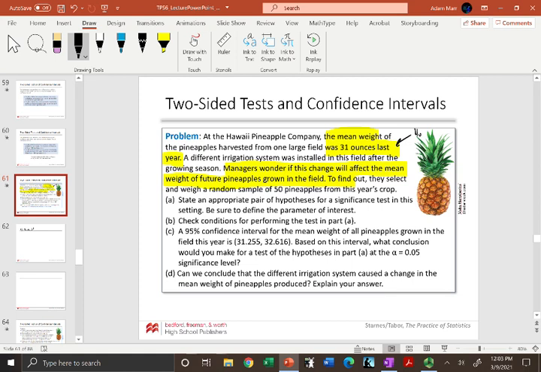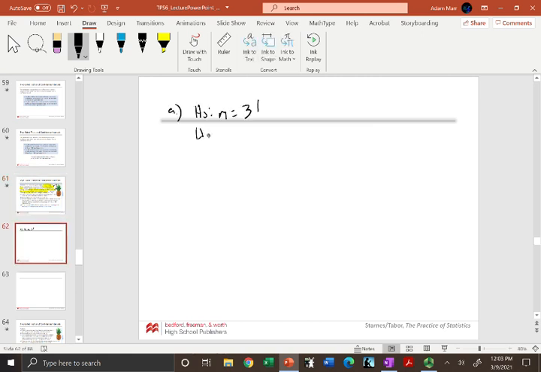Now the alternative is what we're trying to see. Managers wonder if the change will affect the mean weight of future pineapples. So that's going to be the alternative, and it just says change. So our alternative is just going to be mu does not equal 31.